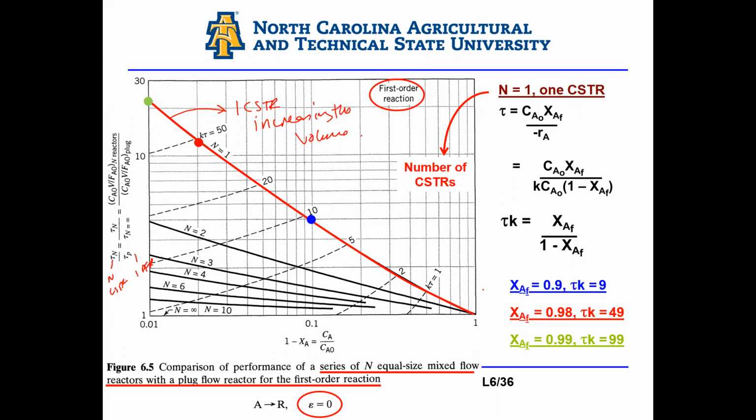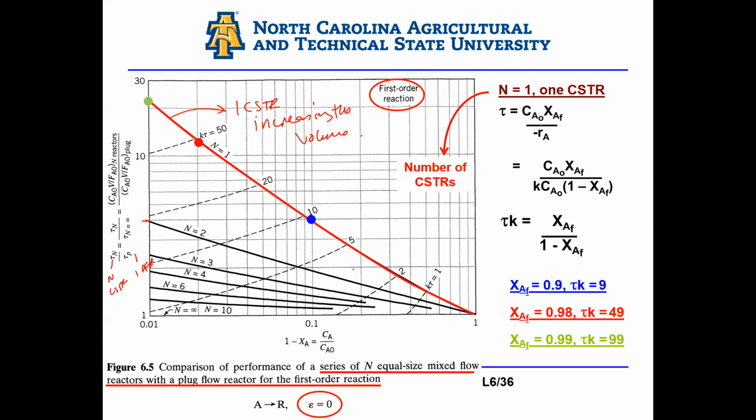So if I'm looking for a conversion of 90% here, I will need a CSTR which is 10 times the volume of the PFR. So XAF is equal to 0.9, 1 minus XAF is equal to 0.1. Read it off this chart here. Actually, not this point.